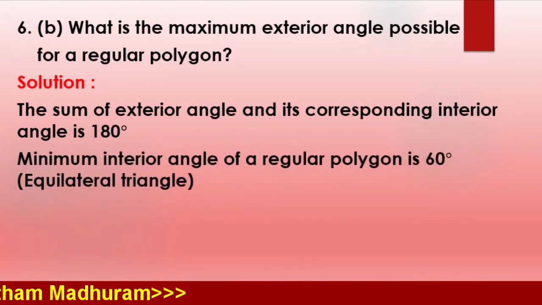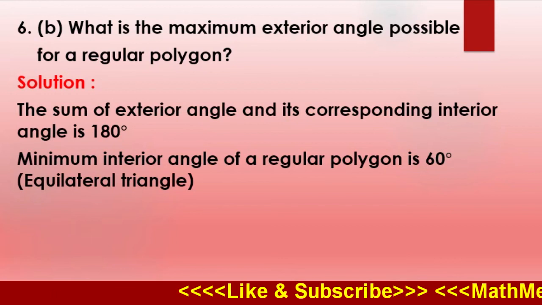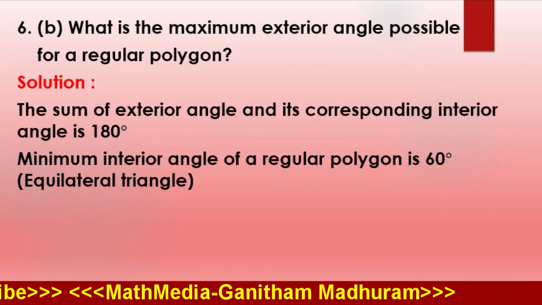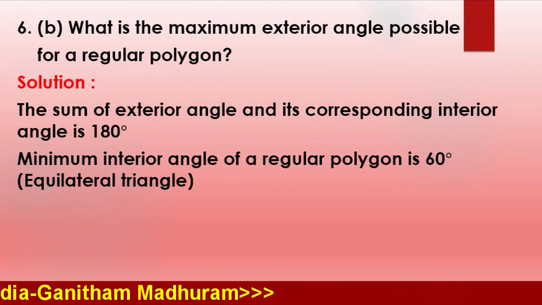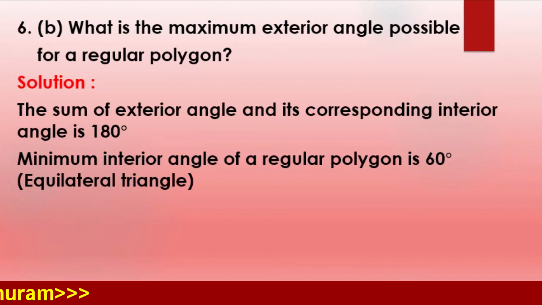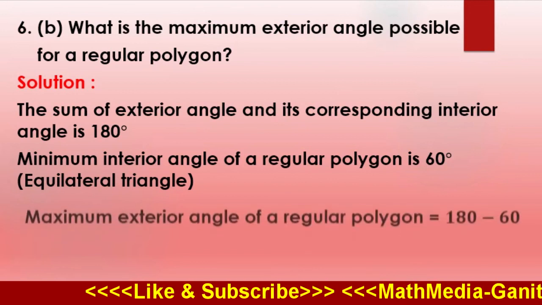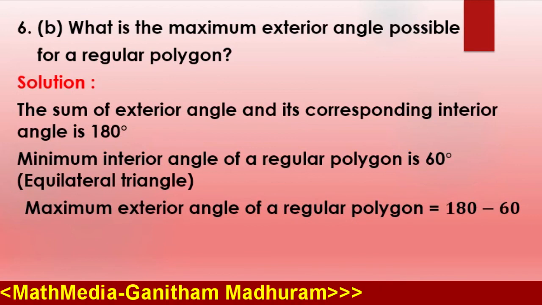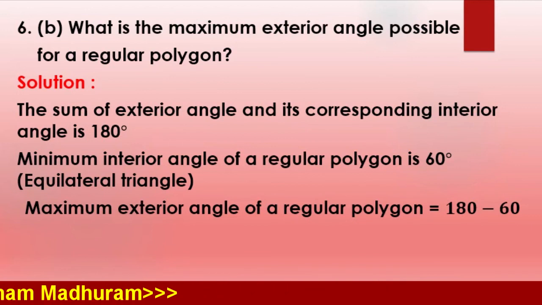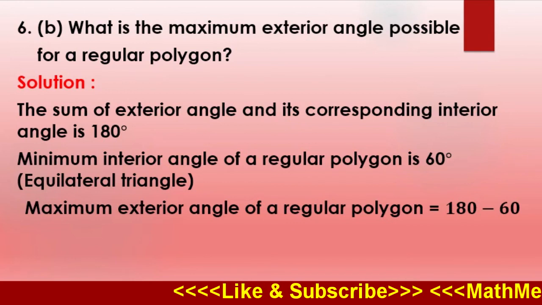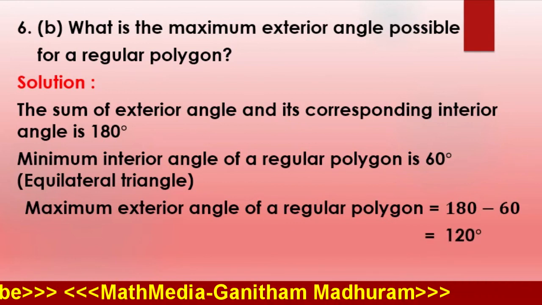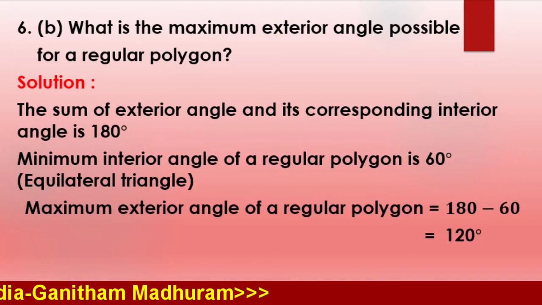Hence, the maximum exterior angle of a regular polygon equals 180 minus 60, because the interior angle and corresponding exterior angle form a linear pair. Hence, the maximum possible exterior angle of a regular polygon is 120 degree.